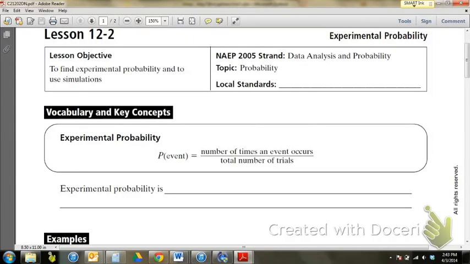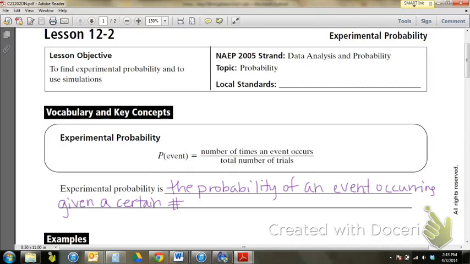In Lesson 12.2, we're going to look at experimental probability. Experimental probability is the probability of an event occurring given a certain number of trials.